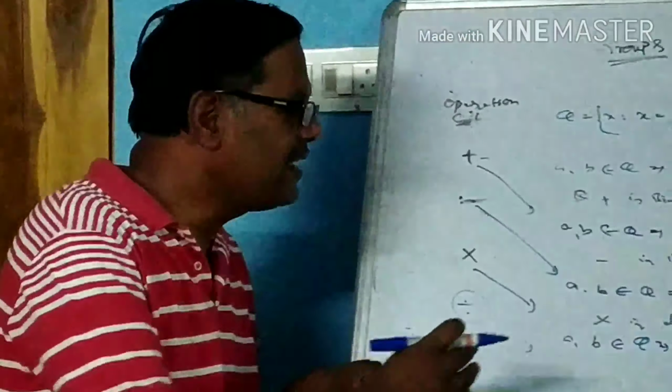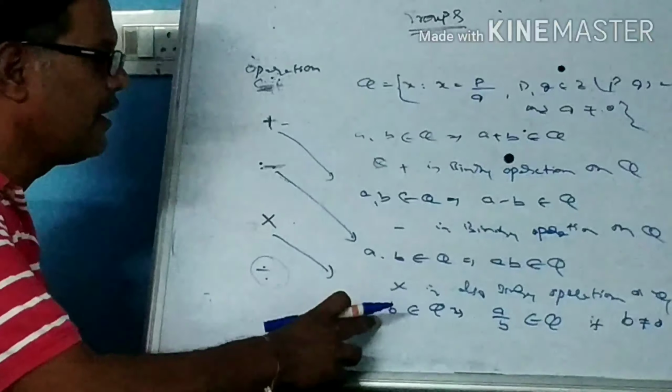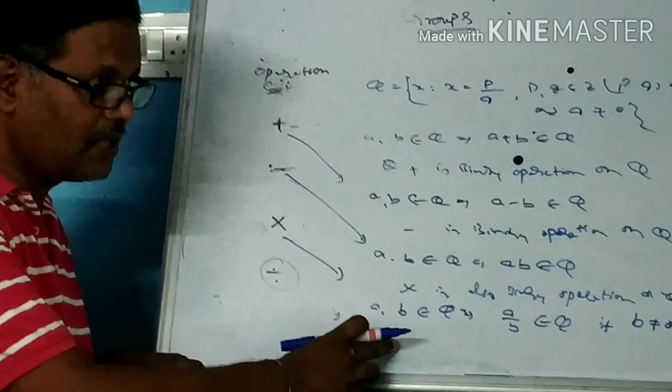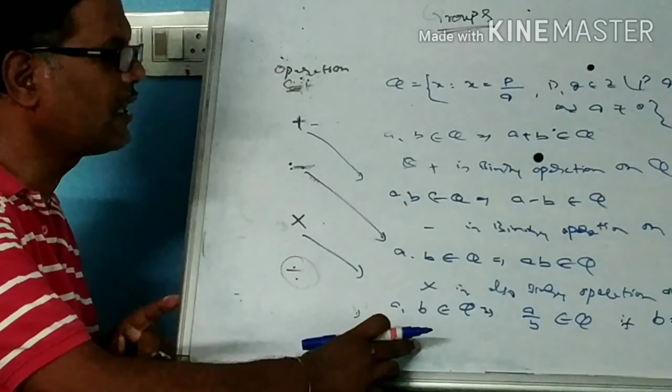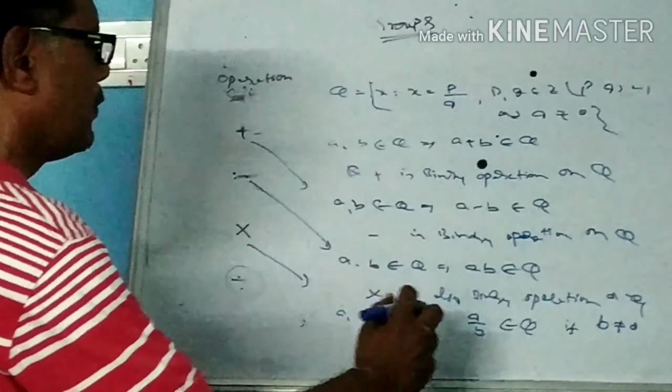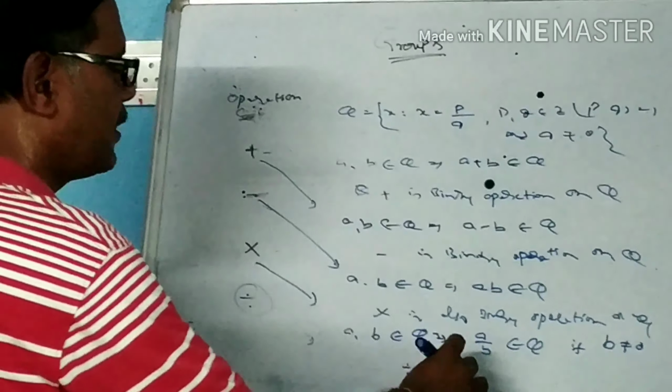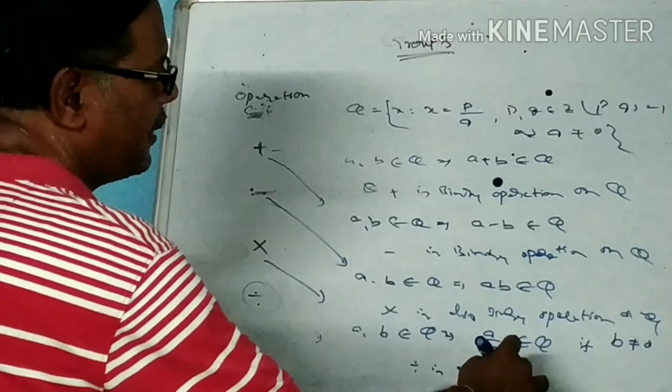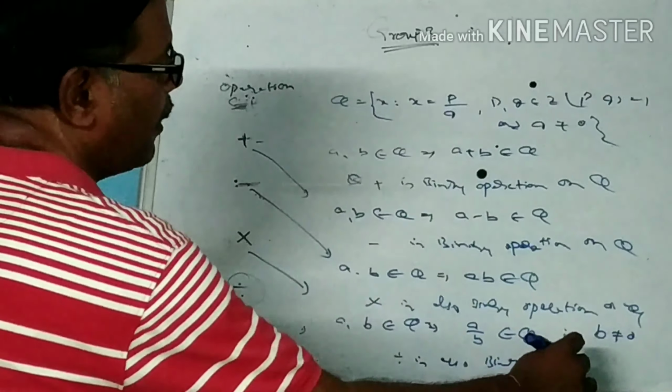Here, for division we must follow the special case: b must be not equal to 0. Then a by b also belongs to Q. In this case, division is also a binary operation on Q.